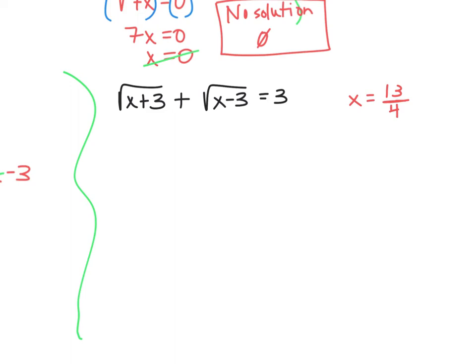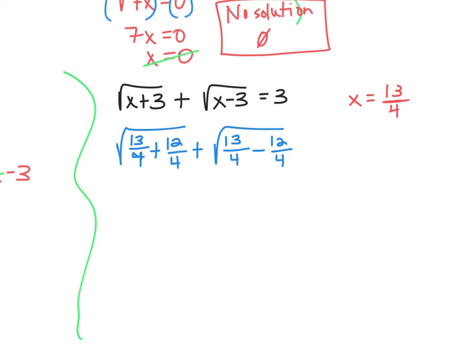All right, so when I do that on the first radical, I'm going to have the square root of 13/4. And then maybe I go ahead and I change that 3 to 12/4. And then I'm going to plug in the 13/4 in the second radical for x. And then maybe I go ahead and change that -3 to -12/4.